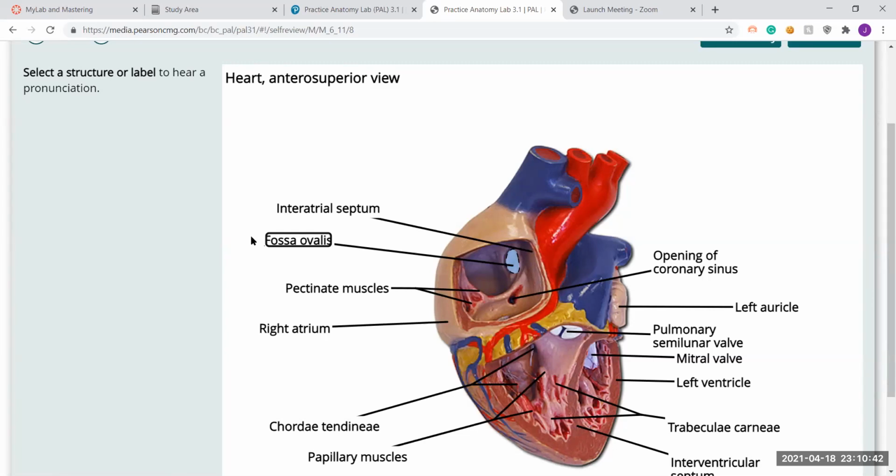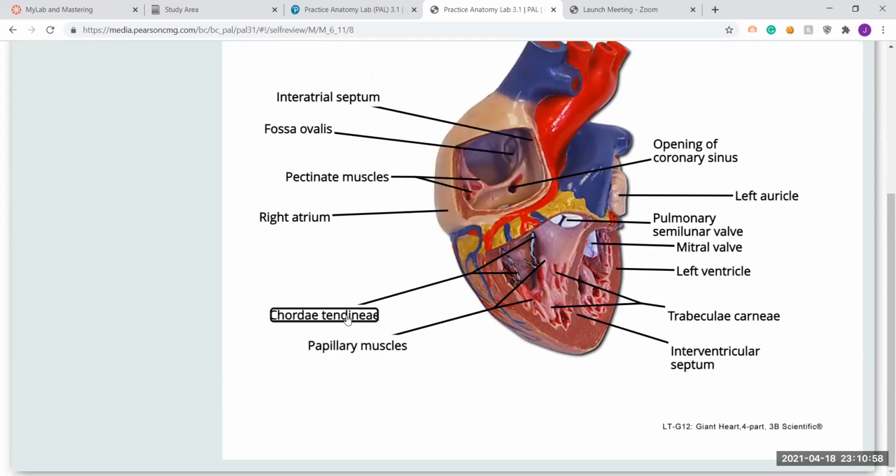Okay. The finger-like projecting small muscles inside the right atrium are called pectinate muscles. They're like comb-like muscles. We talked about chordae and papillary muscles, which are only in the ventricle, not in the atria, because they hold the valves to the wall.